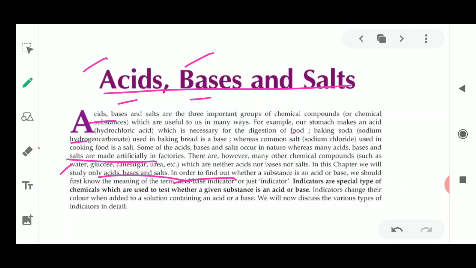Before going on to the indicators, I would just like to make you conscious that when we go on a road, sometimes we see a light which has 3 colors. The colors are red, yellow and green, or red, amber and green. These are the 3 colors present on the road whenever a crossing comes.